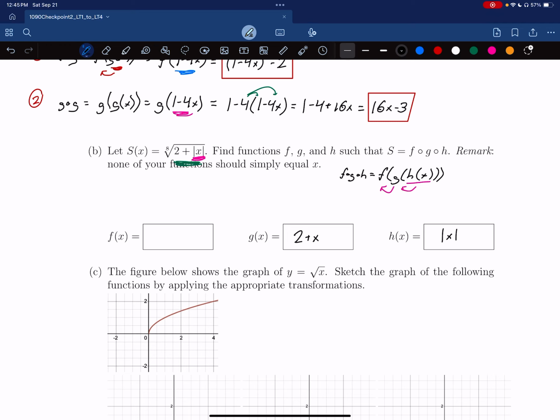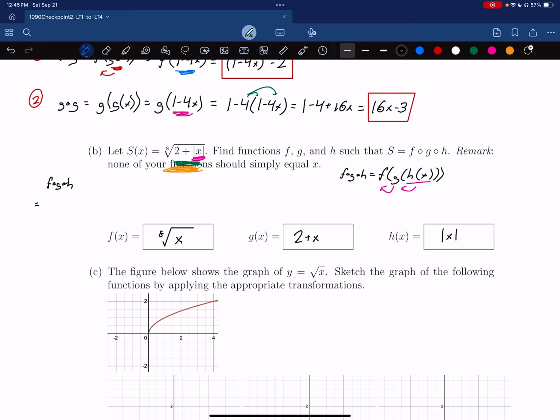So then finally, we are going one more step out for the entire thing, which is an eighth root. And just like the last step, we will just write x for the inside. And it's always good to check a problem like this. Now that we have our components, we have f of g of h.